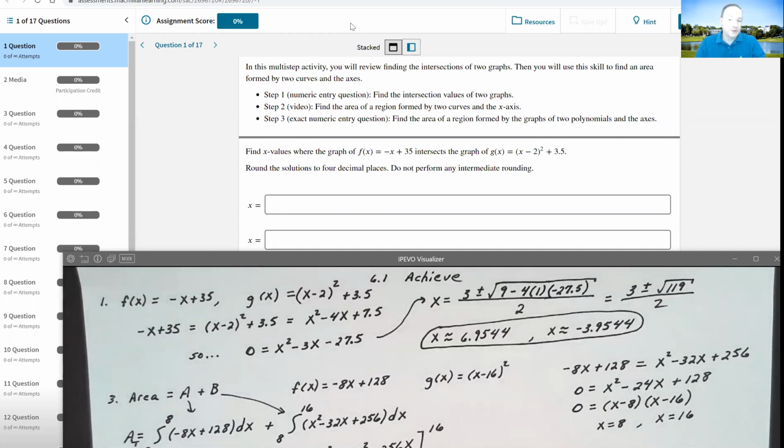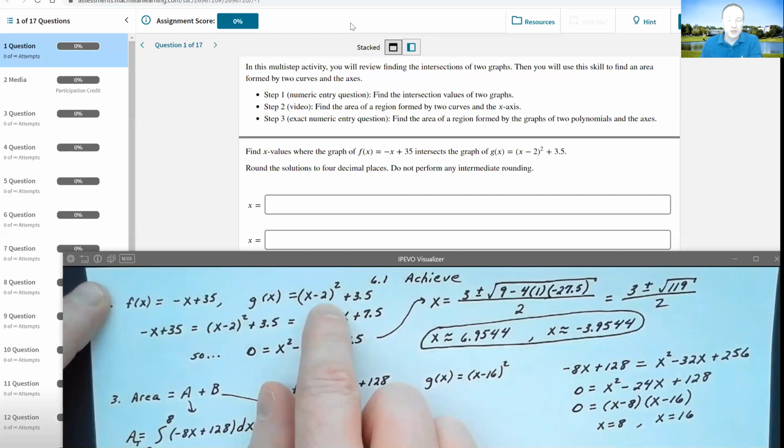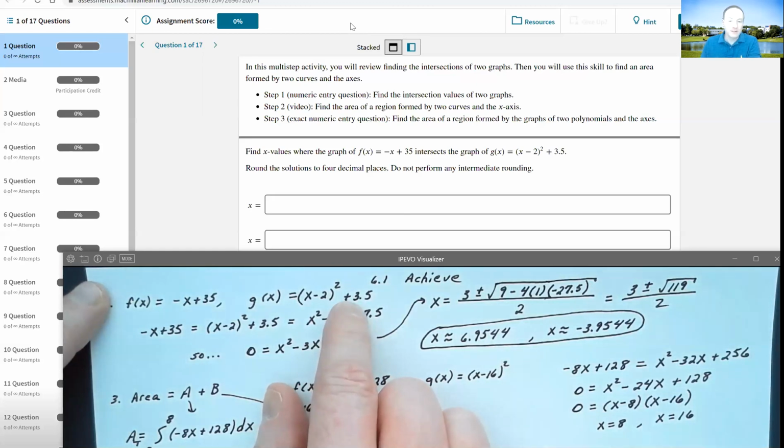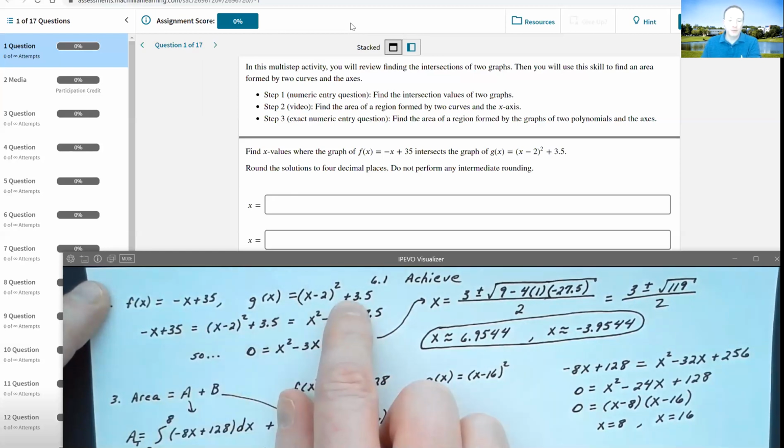So they give us a function f of x, which is a linear function, negative x plus 35, and a function g of x, which is the quantity x minus 2 squared plus 3.5. Now I'm supposed to find the solutions and round to 4 decimal places. Okay, no problem. I set one function equal to the other.